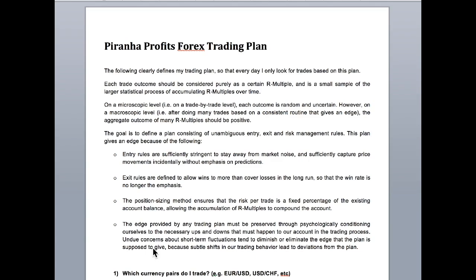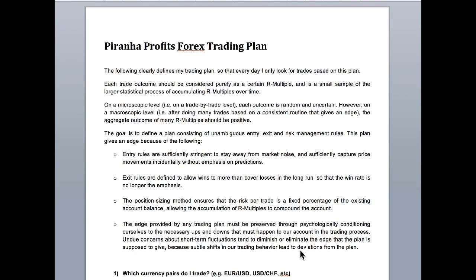Undue concerns about short-term fluctuations in your capital, your net liquidation, tend to diminish or eliminate the edge that the plan is supposed to give, because subtle shifts in your trading behavior, where you intervene, you shift your stop loss, you enter without following the rules, all lead to deviations from the plan and wipe out your statistical edge over time. So you have to read this every single day to remind yourself to follow the plan objectively.